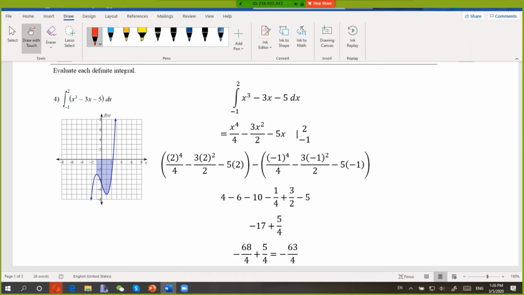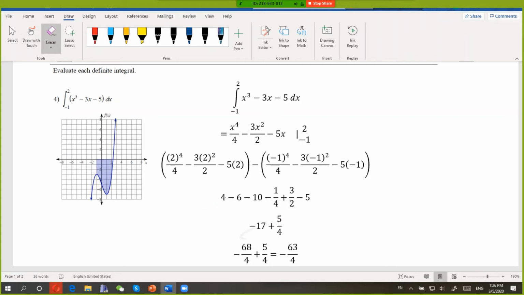So I've got 4 minus 5 is negative 1, minus 6 is negative 7, minus 10 is negative 17. Negative 1 over 4 plus 6 over 4 is 5 over 4. Okay, 17 is 68 fourths. So this is negative 68 fourths plus 5 fourths is negative 63 fourths.